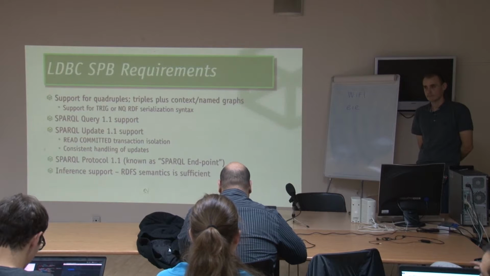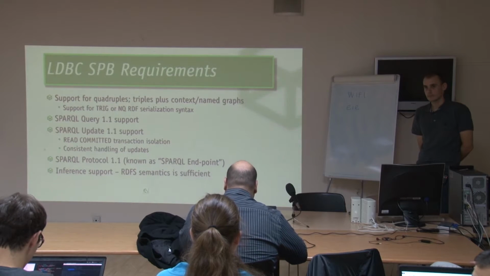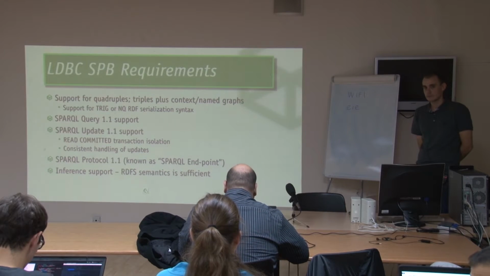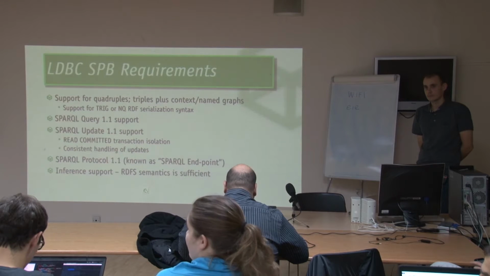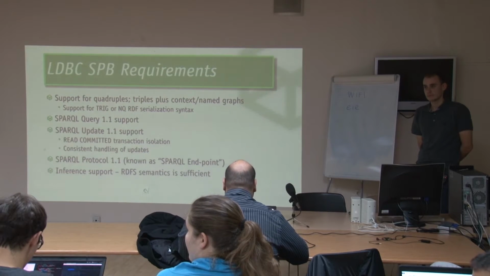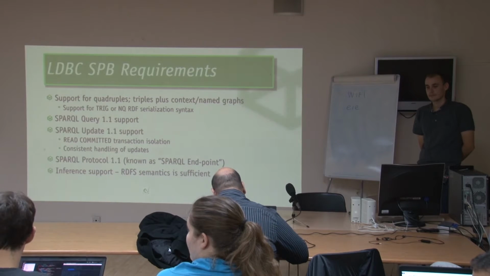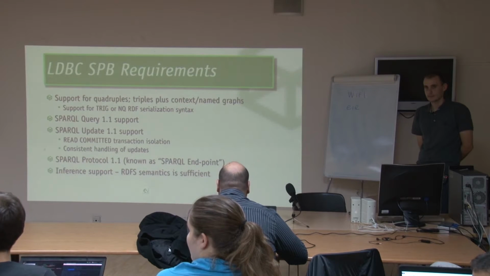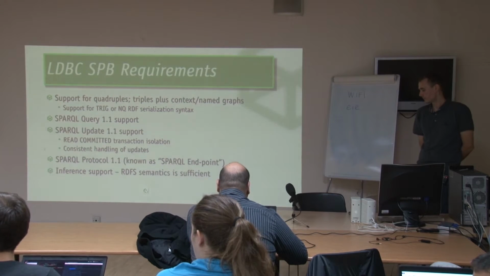For most of the systems it's a trivial requirement that they should support named graphs. It's a common design pattern in many RDF use cases that everything that changes together, or everything that's created together, constitutes a named graph. And then when something in it changes, the whole named graph gets deleted and reinserted with the changes. That's quite frequent among users, and this is also the behavior that the benchmark reproduces.